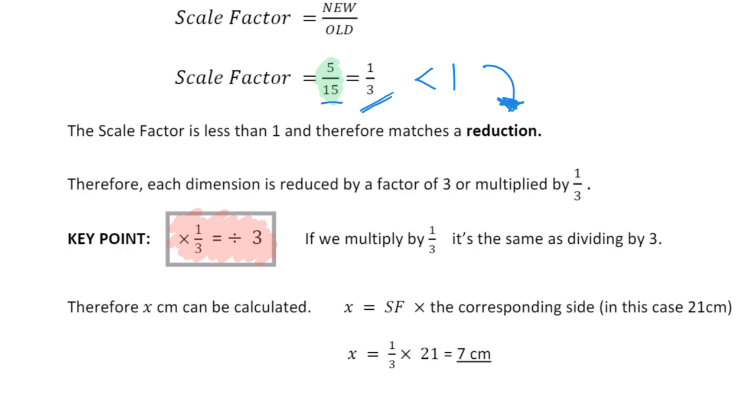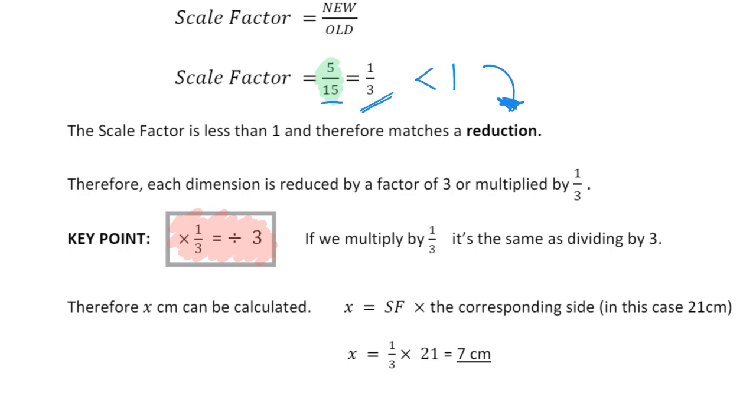And in this case, it's the same as dividing by 3. So we'll have a wee recap on how we deal with fractions in this situation, and look at the diagonal simplification method that we used at the beginning of the year. But ultimately, this one's quite straightforward because if we're multiplying by a third, we're dividing by 3.